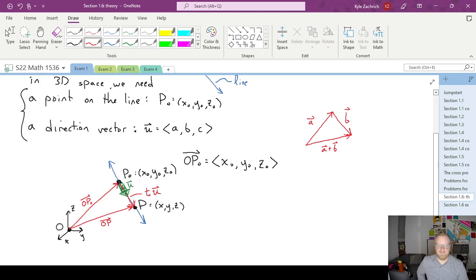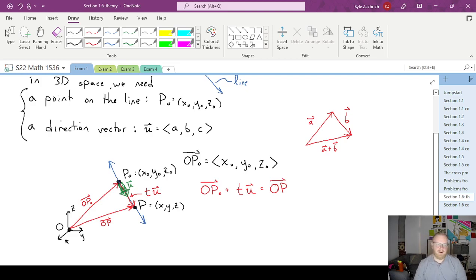So, writing it out: OP naught vector plus some scalar t times u is equal to this vector OP.